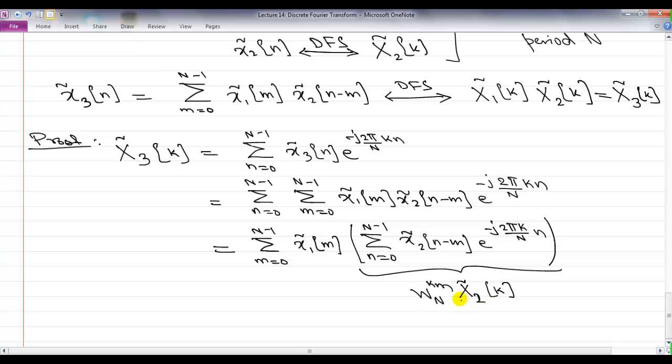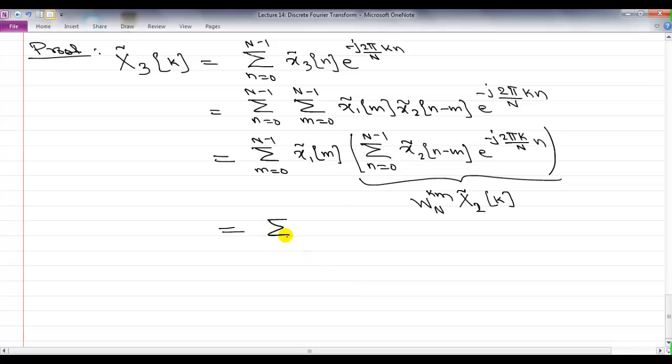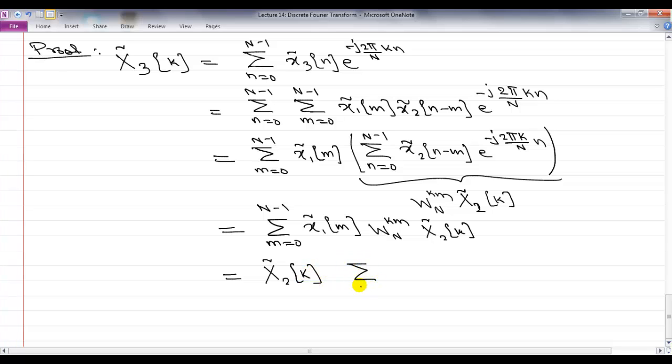So let's write that down. We have summation m equal to 0 to N minus 1 of x1 tilde of m W_N^{km} x2 tilde of k. Of course this x2 tilde k doesn't depend upon m, so I just bring that out. x2 tilde of k, times summation m equal to 0 to N minus 1 of x1 tilde of m W_N^{km}.